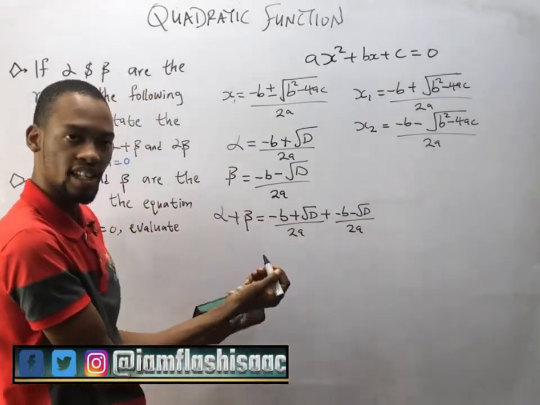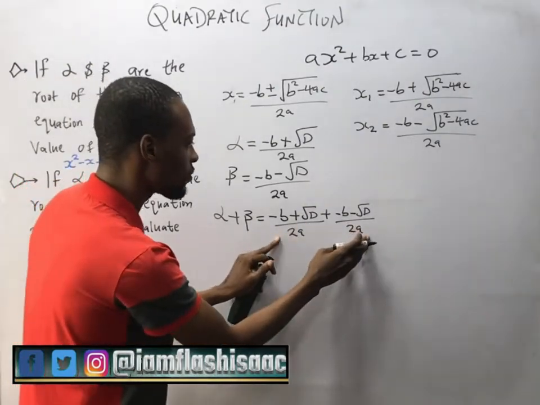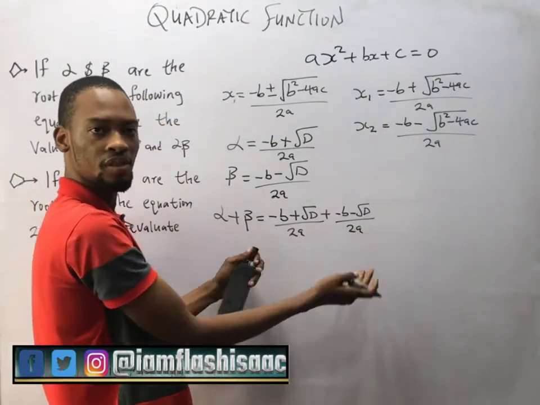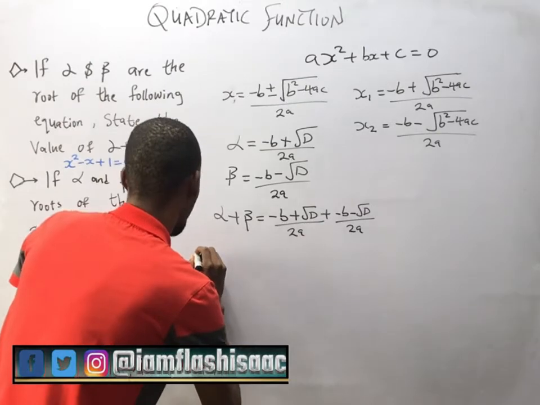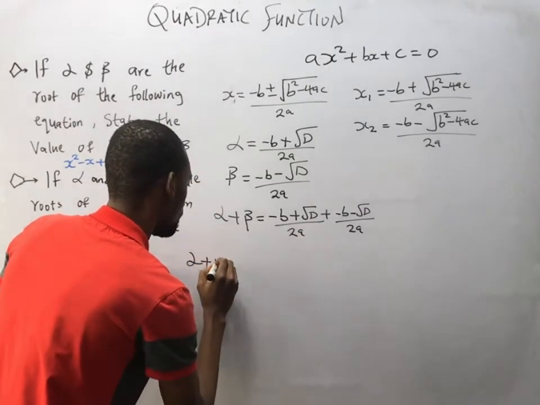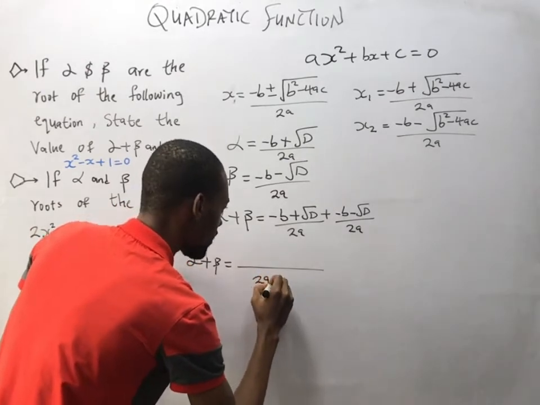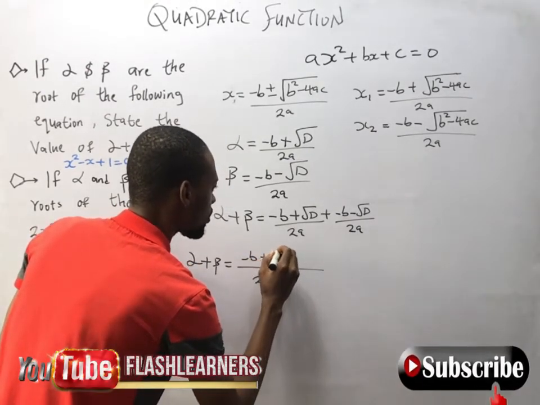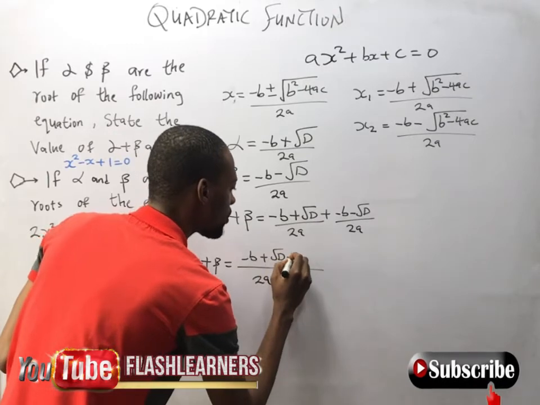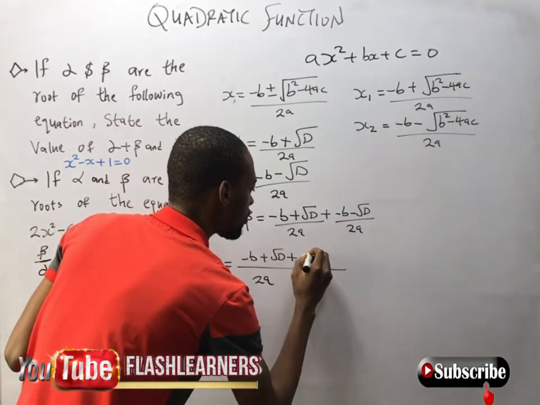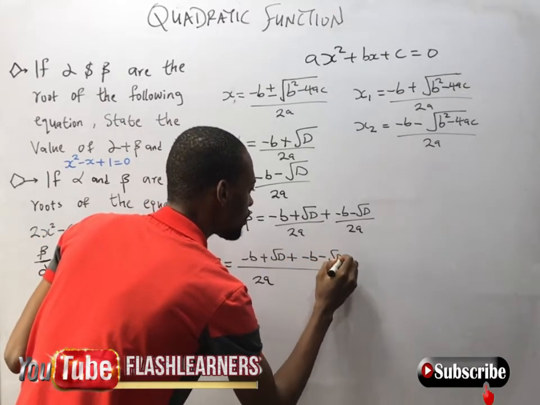So we've not changed anything, right? Now look at the LCM. They are similar, so the LCM for both is 2a. So alpha plus beta equals, over 2a, minus b plus square root of d plus minus b minus square root of d.